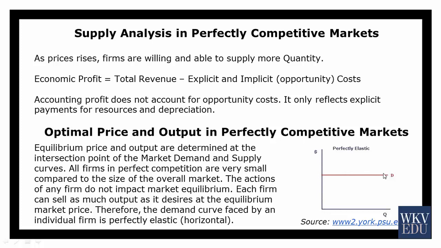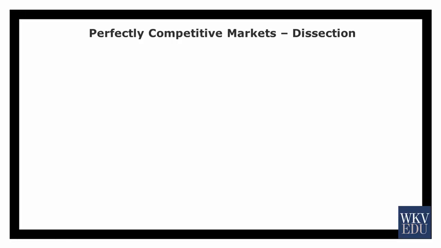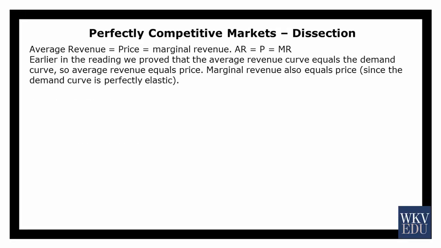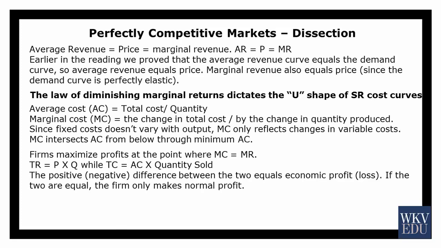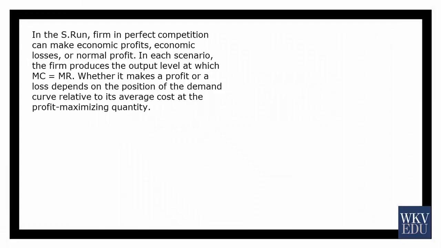In the short run, under perfectly competitive markets, firms can make economic profits, economic losses, or normal profits. In all the scenarios, the firm will produce an output where marginal cost and marginal revenue are equal.